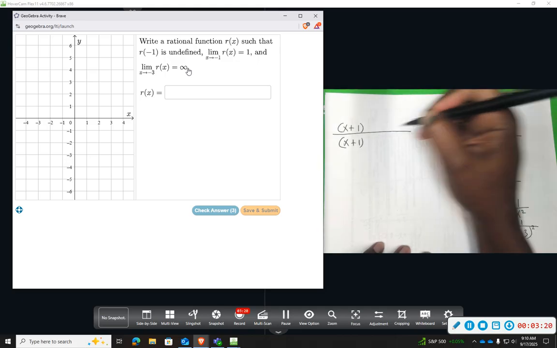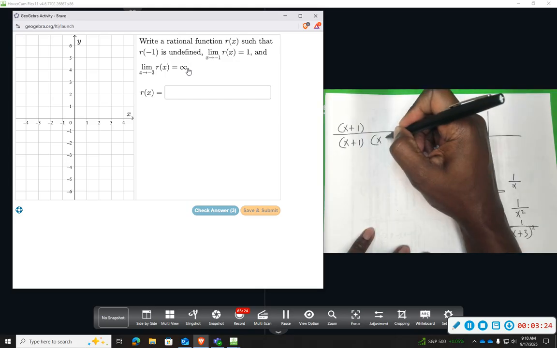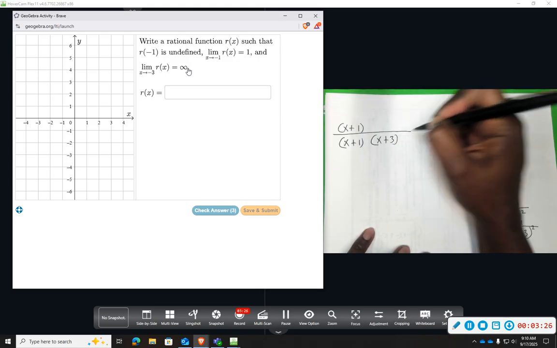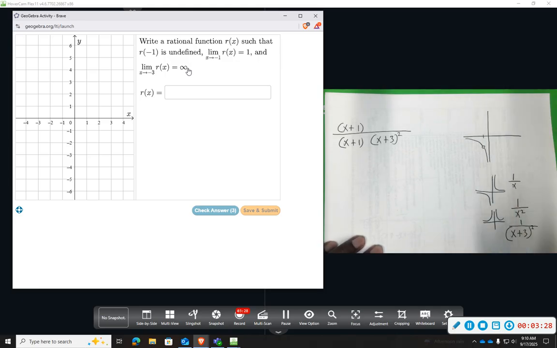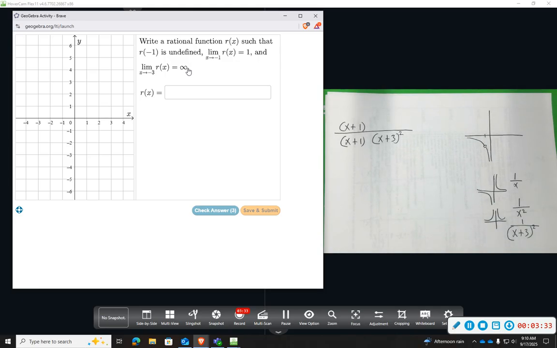So on the denominator, we're going to need to add x plus 3 squared. This takes care of two conditions. This gives us an undefined value at -1, and this also gives us a limit as we go toward -3 to be infinity.